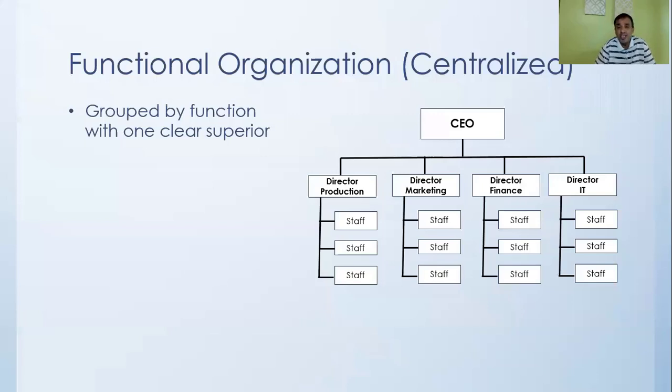As you can see here, there is a production group, a marketing group, a finance group, an IT group, and each is headed by a director of production, marketing, finance, and IT, and all of them report to the CEO of the organization.